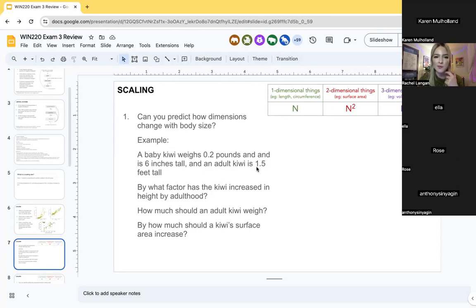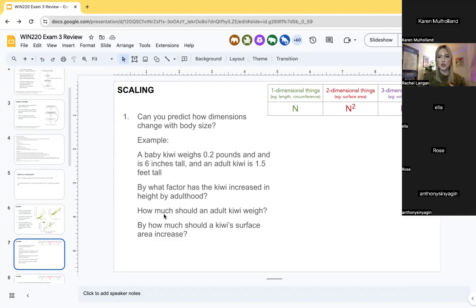That would be 18 inches. And so 6 times what equals 18 inches? Or just divide 18 inches by 6. And you know that the factor has increased by 3, right? n equals 3 because 6 inches times 3 equals 18 inches.